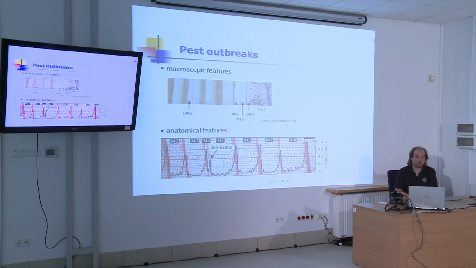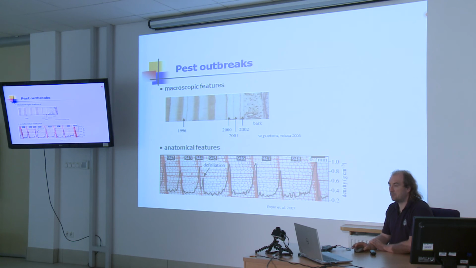The other application of dendroecology is to get some information about pest outbreaks. This is a serious problem for foresters, for example, when various insects attack stands and eat foliage, and cause some economic losses in the economy.